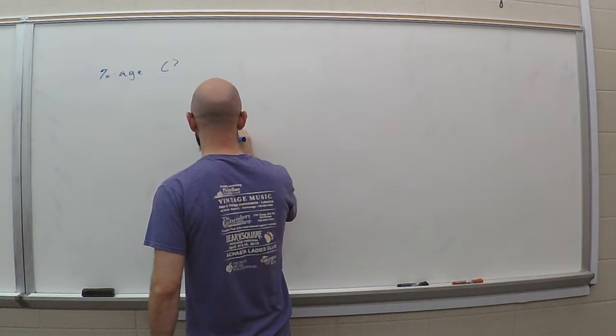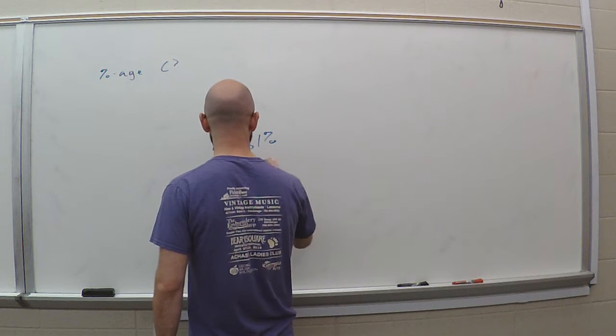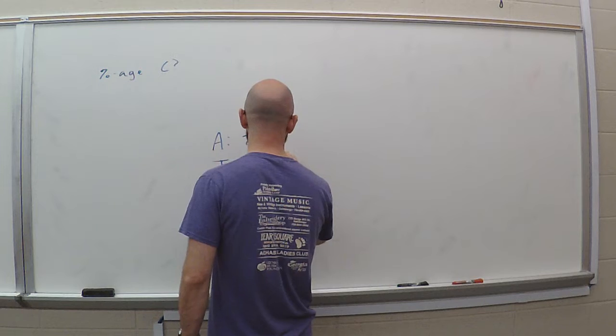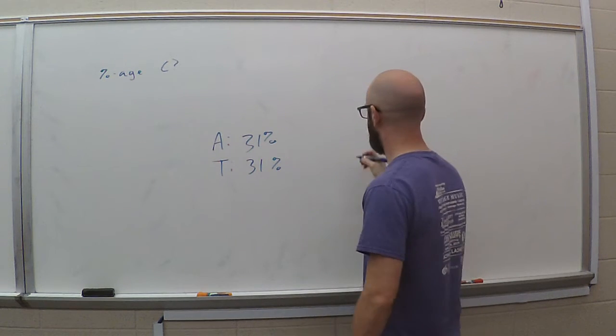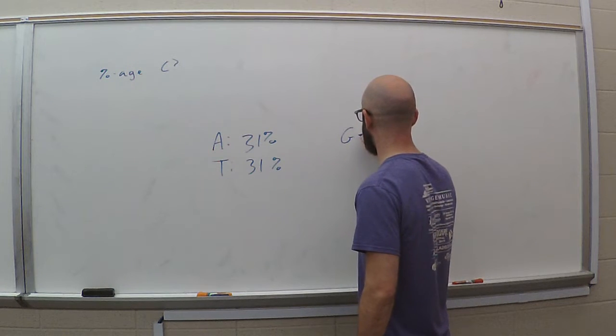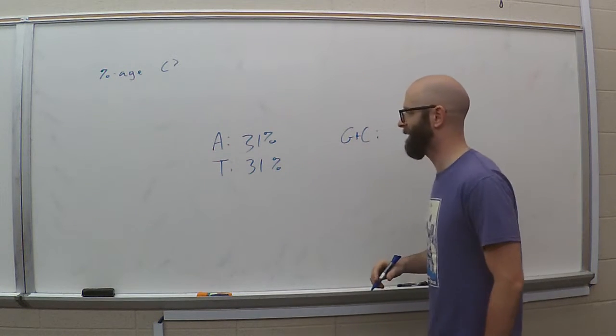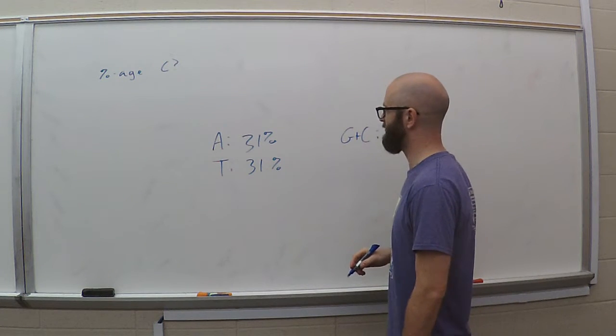So that means the adenine is 31%, thymine is 31%, right? Easy enough. So you know that G and C have to make up the other 38%.